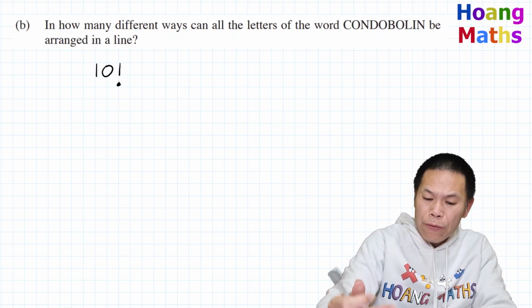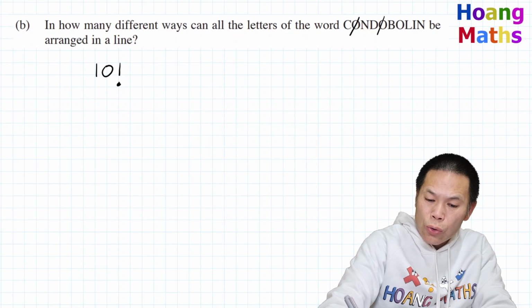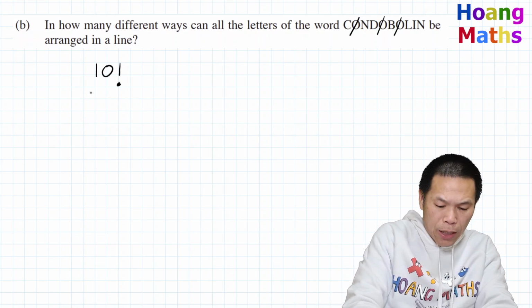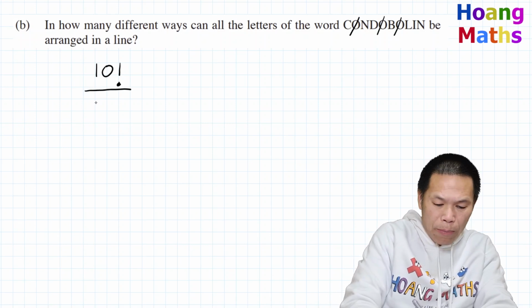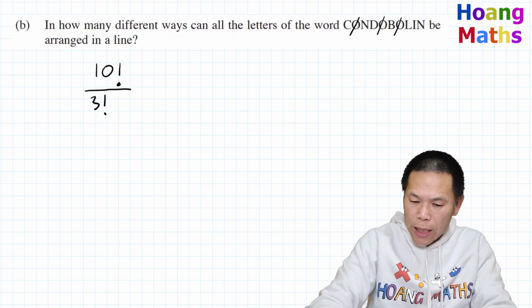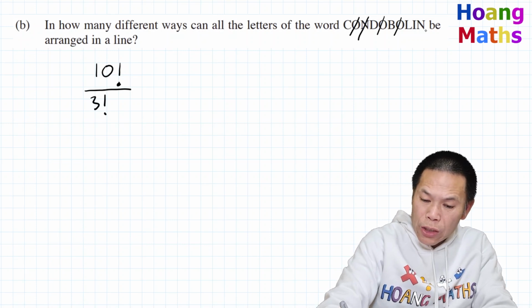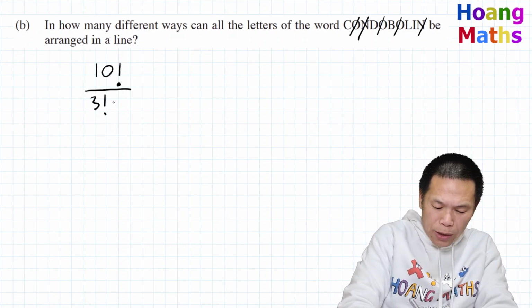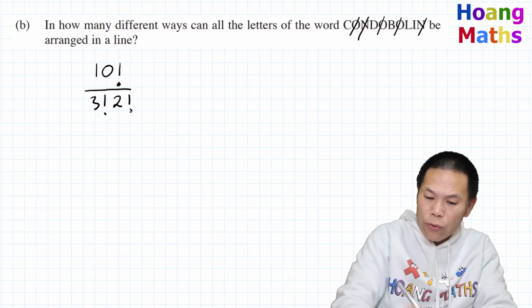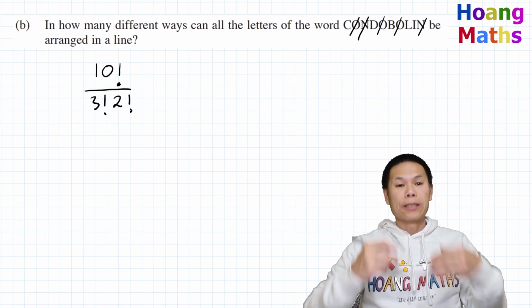And then we have the O's, 1, 2, 3, all repeated, so we just need to divide by 3 factorial. And then we have the N's, 1, 2, repeated, so just divide by 2 factorial. And that's it.